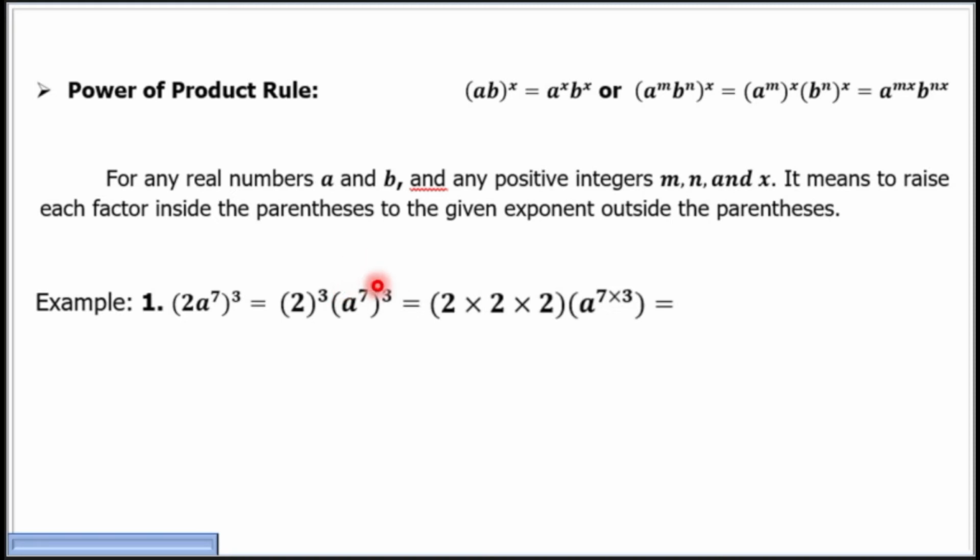So mahimo na nga a raised to 7 times 3, that is equal to 2 times 2 times 2 is 8. Okay, so 2 times 2 is 4, times 2 is 8. Ang kani, 7 times 3 is 21. So that's why we have the final answer of 8a raised to the power of 21.